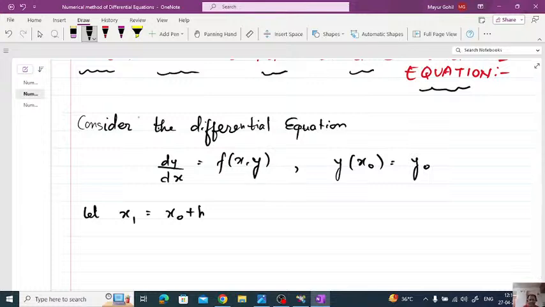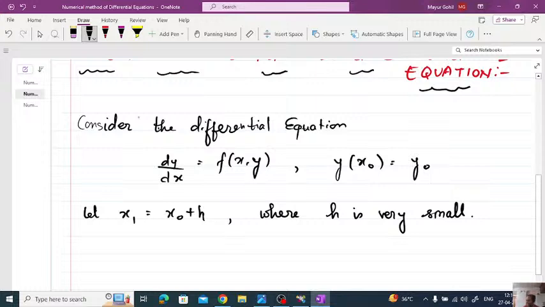Where h is a very small number. Now h is very small. H is an increment. Okay, h is just an increment.